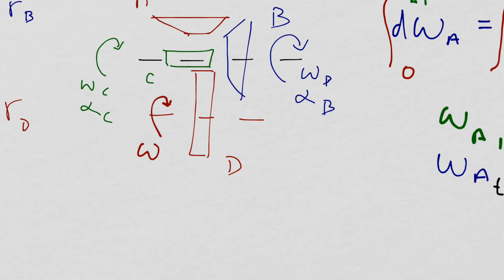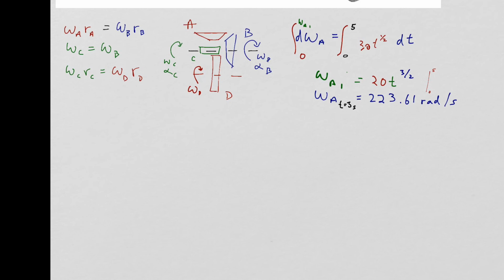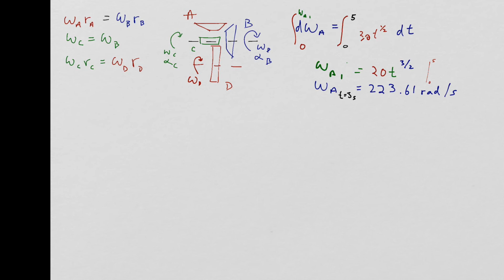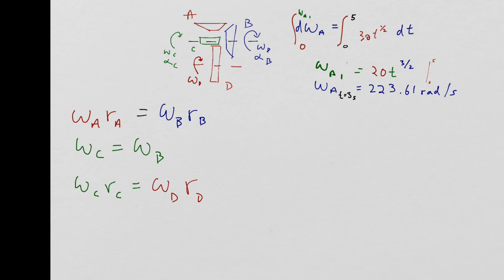So omega D. So when omega A, we successfully obtain the value, now we can make use of the whole velocity ratio that helps us to do it step by step. And this will become very simple because the question has given us gear A, gear B, C and D, the radius respectively. So what we need to do right now will be very simple.